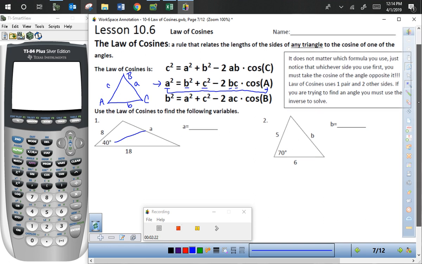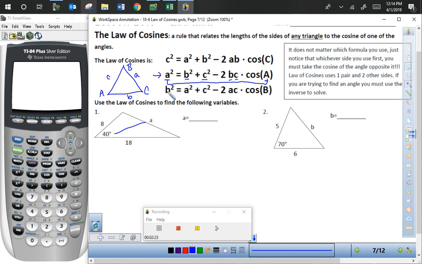Now, since in any of these formulas the lowercase letter comes first, we always have to put the side first in our pair. So we're starting here with our side of A squared, because all of our sides here to begin with are squared. Then the B and the C just represent the other two sides. So this middle portion here are the other sides that we don't use in our pair.